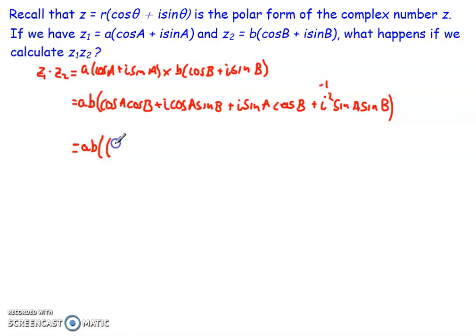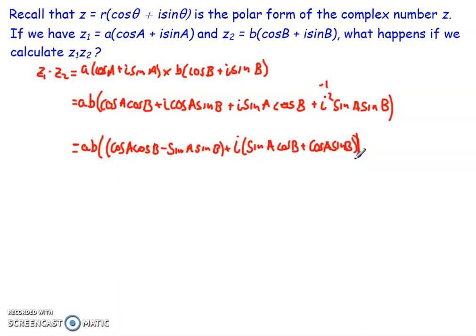If I group the real parts together, I get cos A cos B take away sine A sine B, and then put the imaginary parts together, and I get plus i bracket sine A cos B plus cos A sine B. So I've grouped the two parts together, my sines and my cosines. Now I need to figure out how I can simplify that down.